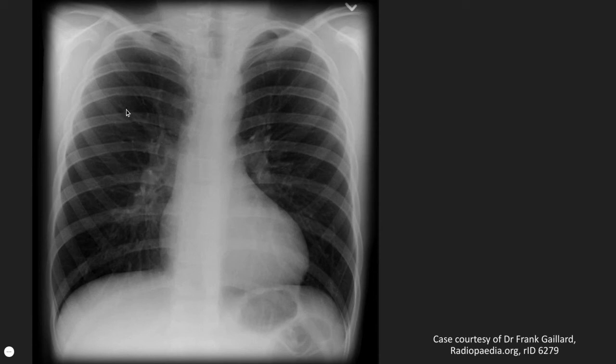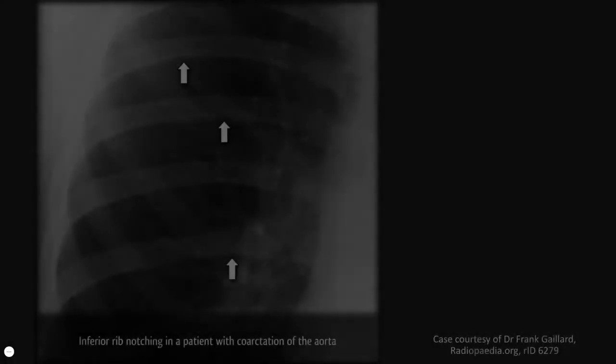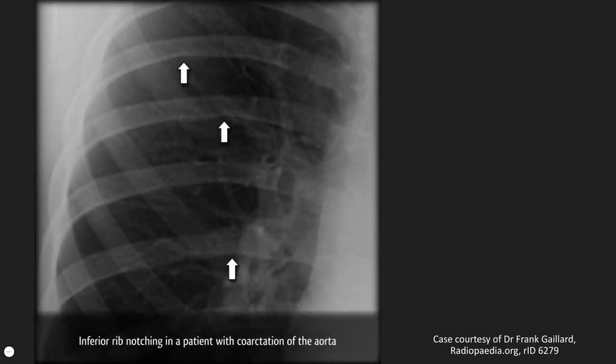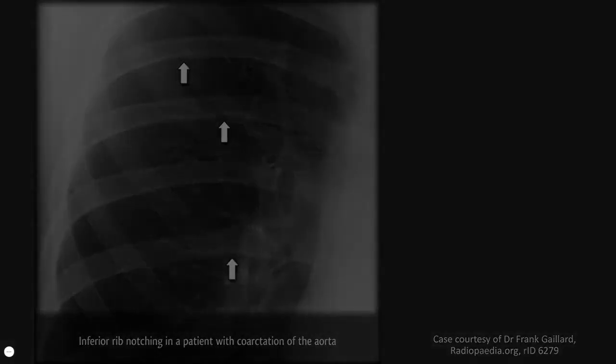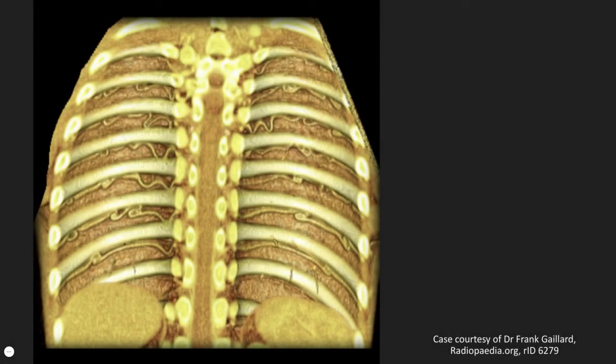In addition, there is very subtle notching of the inferior surfaces of ribs bilaterally, seen better on this zoomed up labeled view. This is caused by erosion by dilated collateral vessels, shown beautifully by this 3D CT reconstruction.